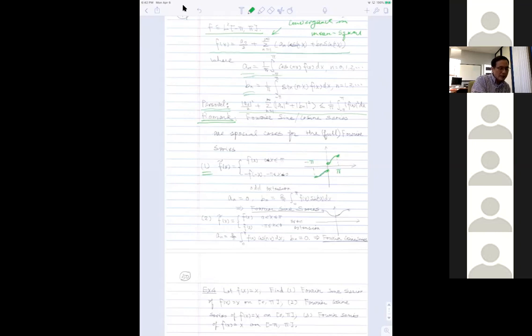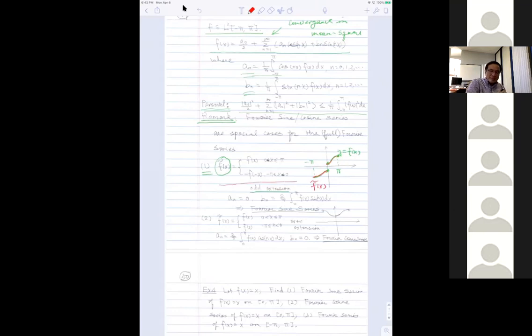This graph here is an odd function. I will call this f theta. f theta is the odd extension of the function y equals f(x). So the odd extension is both this piece and this piece. This is the expression that we use to define the odd extension.